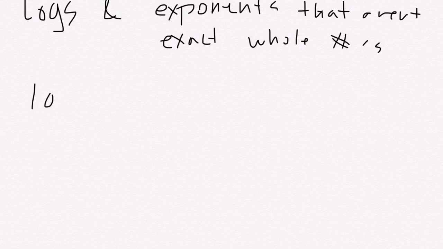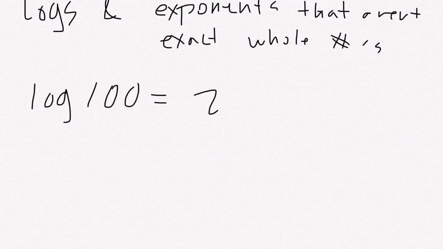If we have log 100, for example, the answer is 2 obviously, because 100 is 10 to the 2nd power. But we have to write 2.0 if we want to include sig figs, because 100 has 1 sig fig, so we have to write 1 decimal place for the answer.